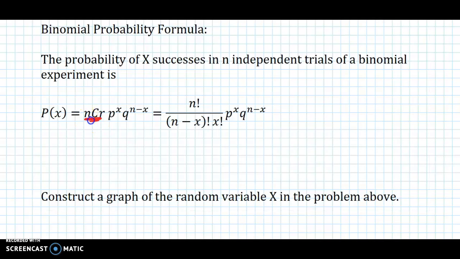It uses a combination, your n choose R, where n represents your number of trials, R represents your number of successes, and then P is your probability of success, and Q is your probability of failure.